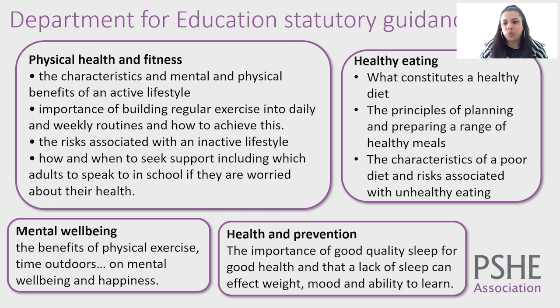And in mental well-being, we see a direct link to healthy lifestyles, and that pupils should know the benefits of physical exercise and time outdoors on mental well-being and happiness. So from this, we see that in order to tackle childhood obesity through your PSHE curriculum, you will need to ensure your planning for this topic is set within a wider spiral curriculum where knowledge is built on gradually and topics are revisited.